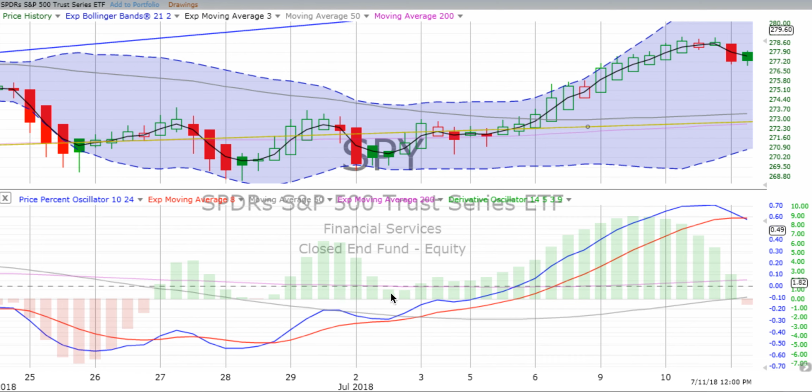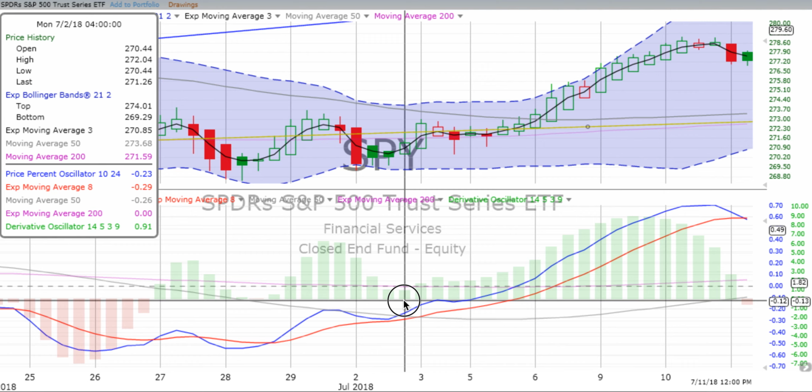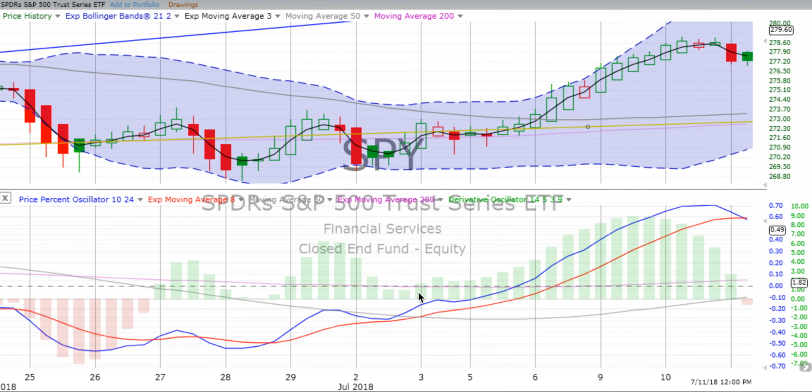And the derivative oscillator loses energy, bottoms out somewhere around where it starts to move up in the afternoon on the 2nd of July, and then things really start to take off for good.